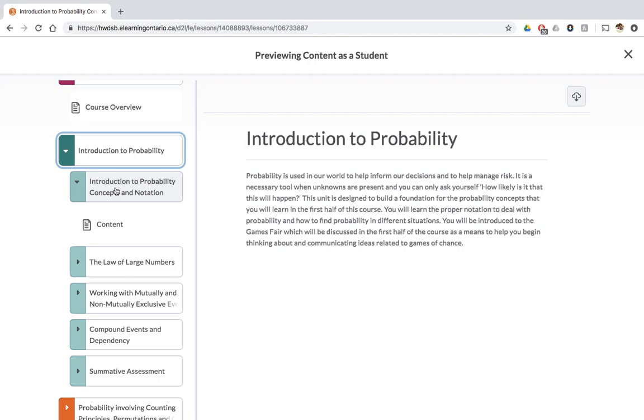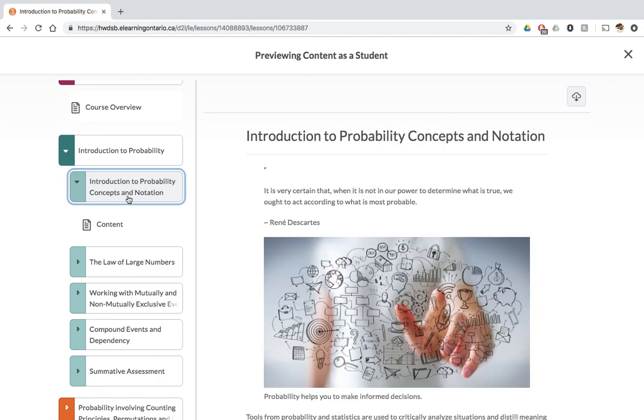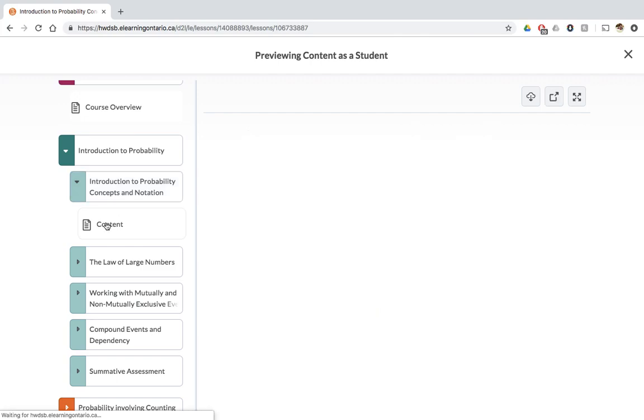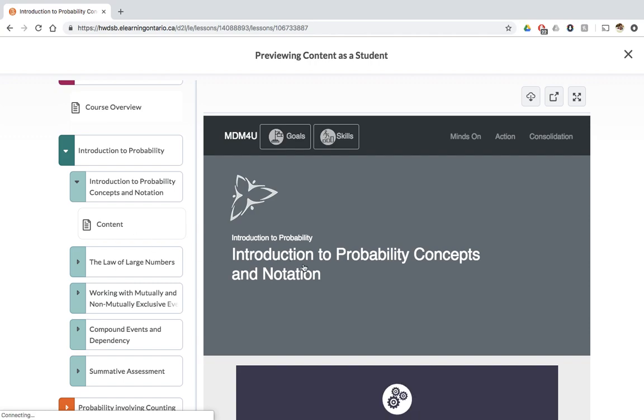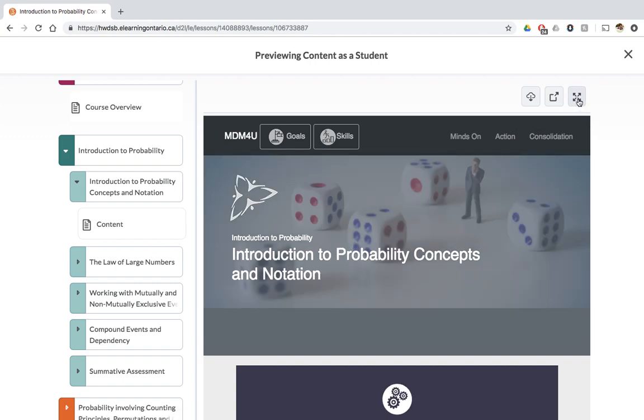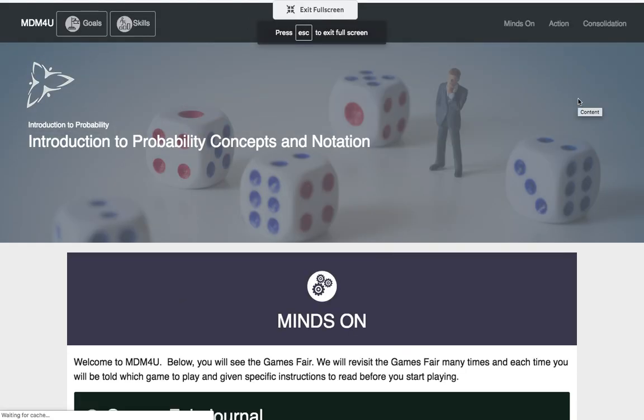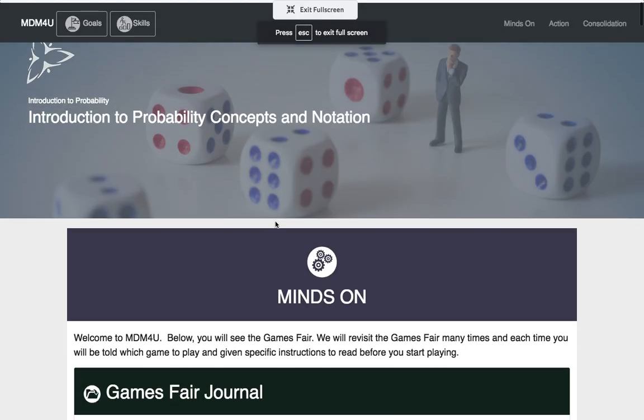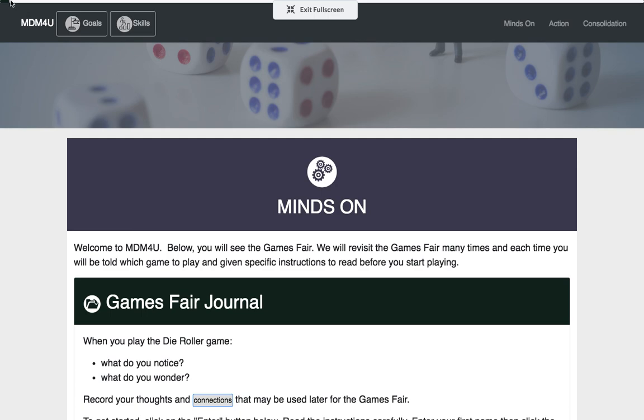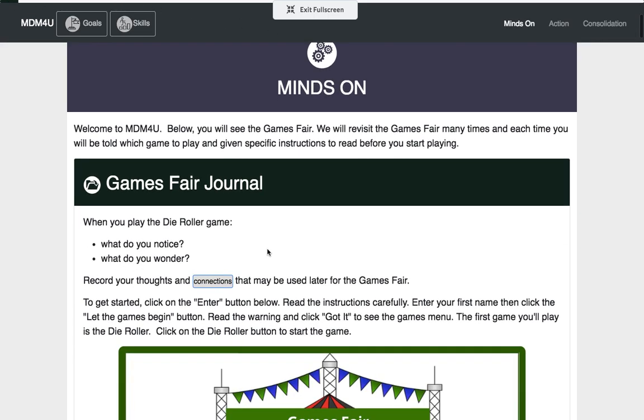I have clicked on introduction to probability concepts and notations, and under content we get this screen. I like to use these 4 arrows up here because it makes it go full screen. As I scroll down, you can see at the very top there's a little timeline ticker that lets you know where you're at in the submodule.